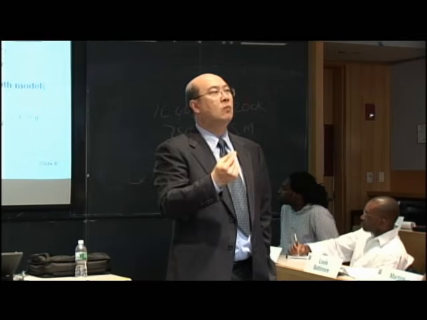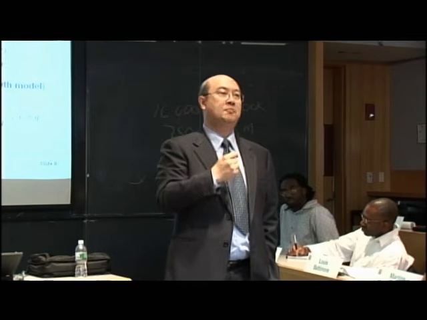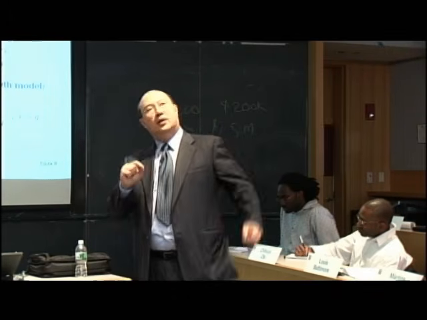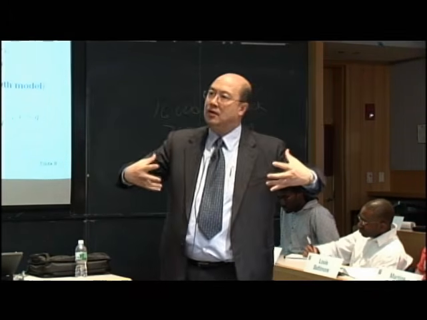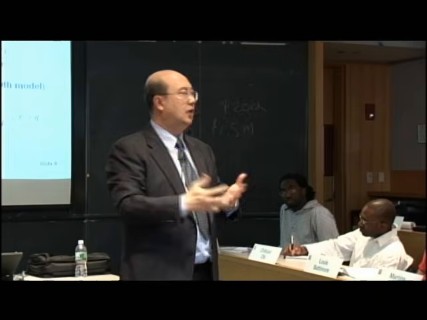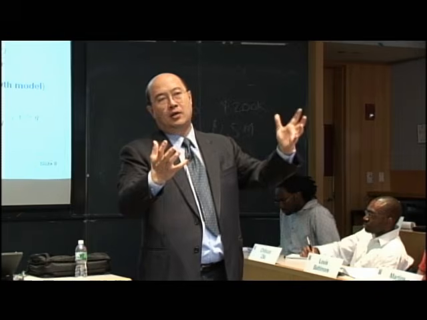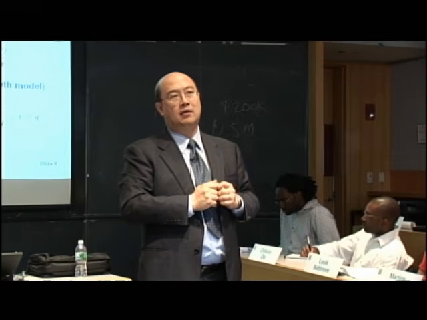Suppose that R were not greater than G. Suppose R were less than G. What that's telling you is that the rate of growth of this security or this cash flow or this dividend is much faster than the interest rate, right?